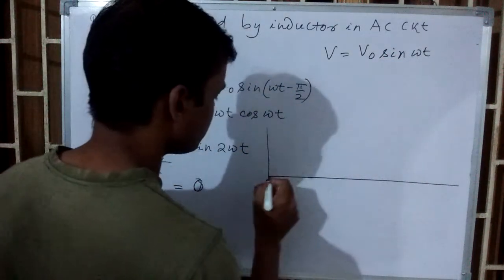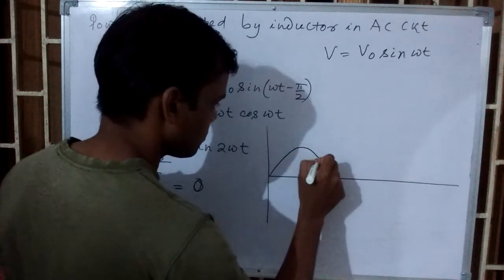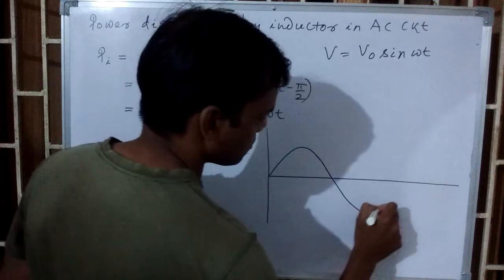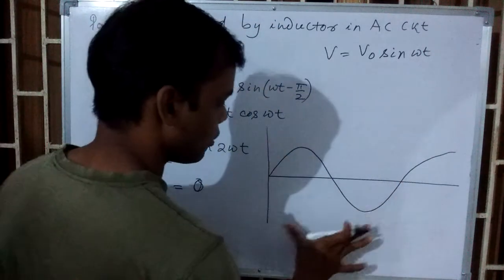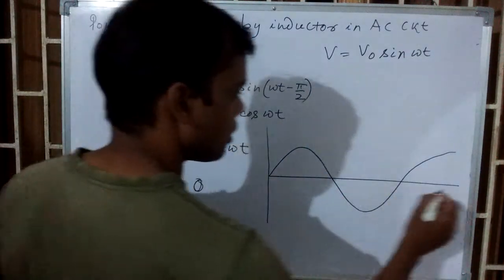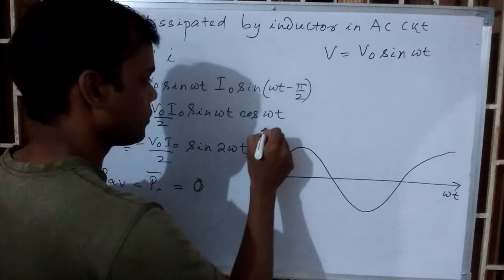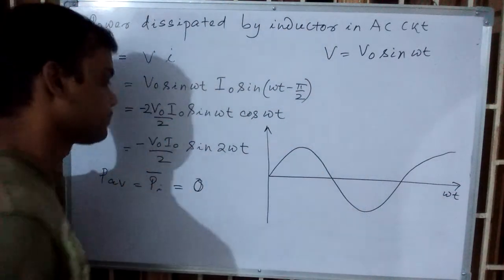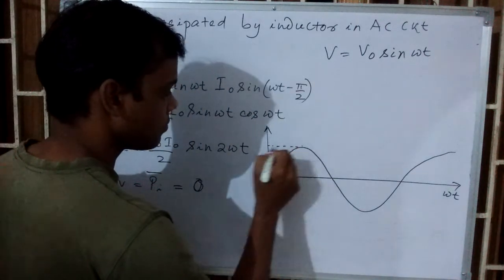So how to draw it? Like this. Up to this point it is one complete time period. This is the omega t axis, this is the amplitude, and this value is V naught.